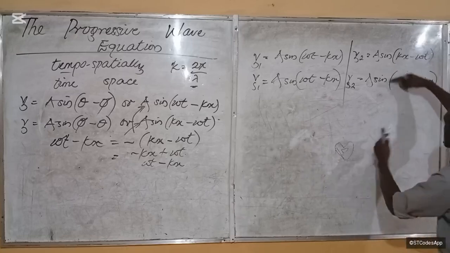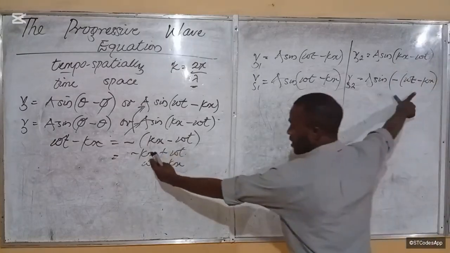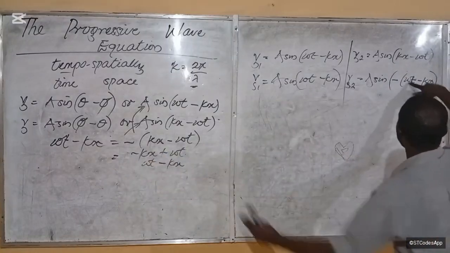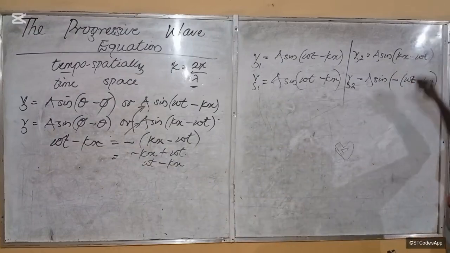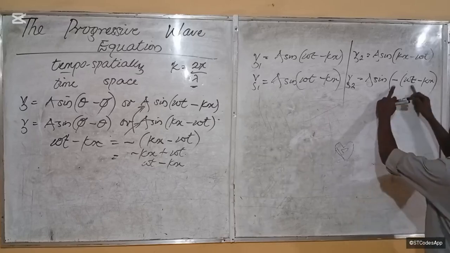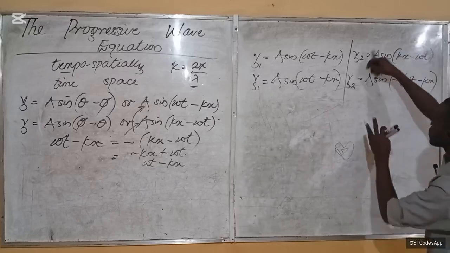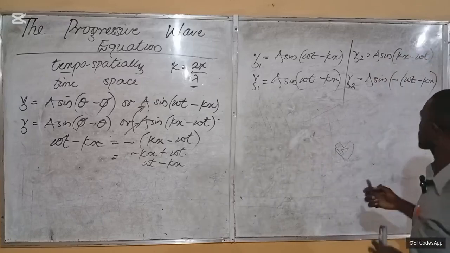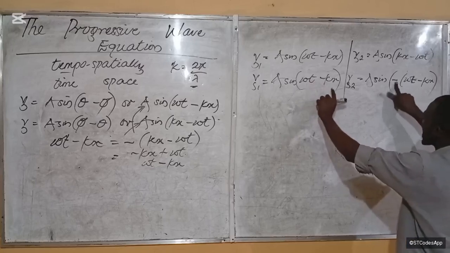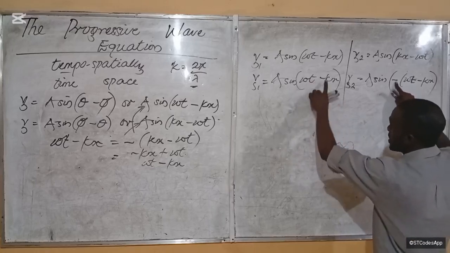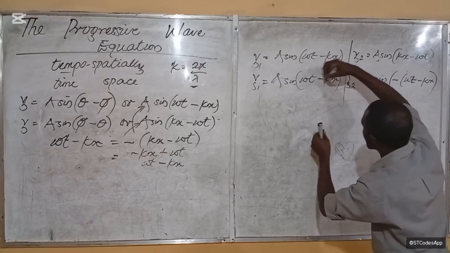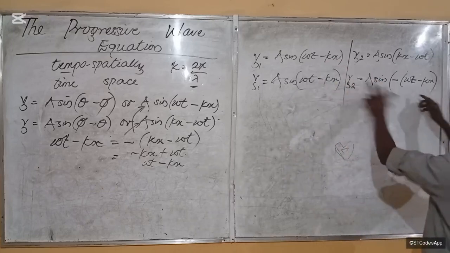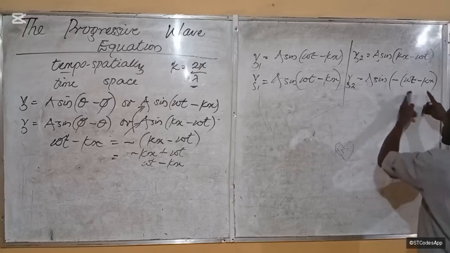Negative, because by the time I turn these in the other direction, what am I going to have? I'm going to have kx minus omega t. Does that make sense? This opens the bracket and I will get this, right? So this is still y2. I've not changed anything, only that I inserted my minus, right? So the negative of this angle is going to be my y2.